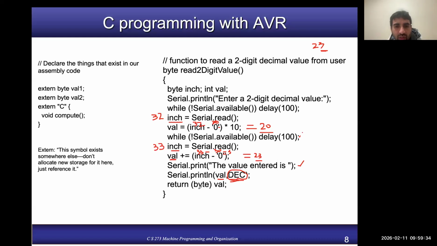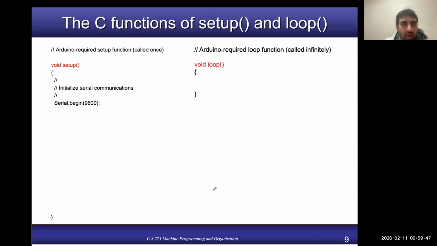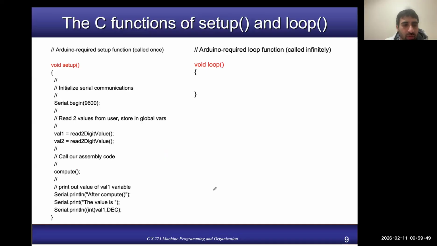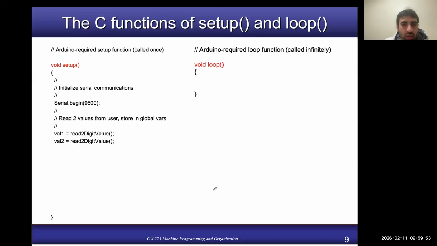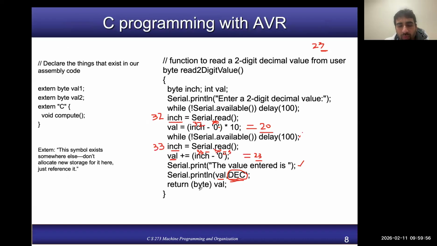And then it will call return byte val. This will basically return the control to the caller function, the function which is calling this one, read two-digit value, right?